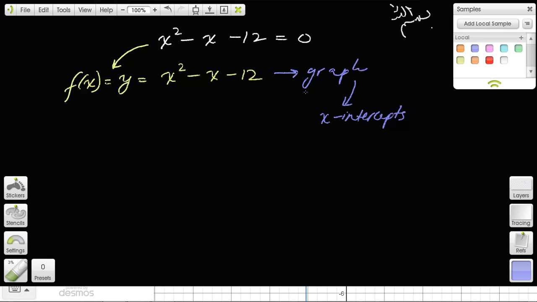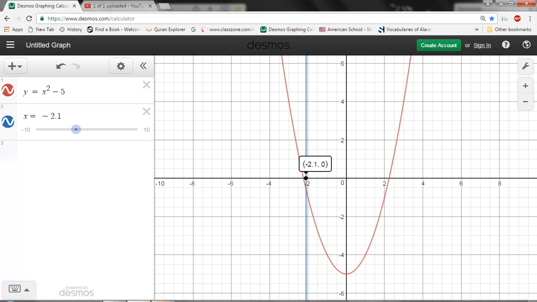So you take an equation, convert it into a function, graph the function, and then make your best guesses at the x-intercepts. Let's do this. So let's graph this one.